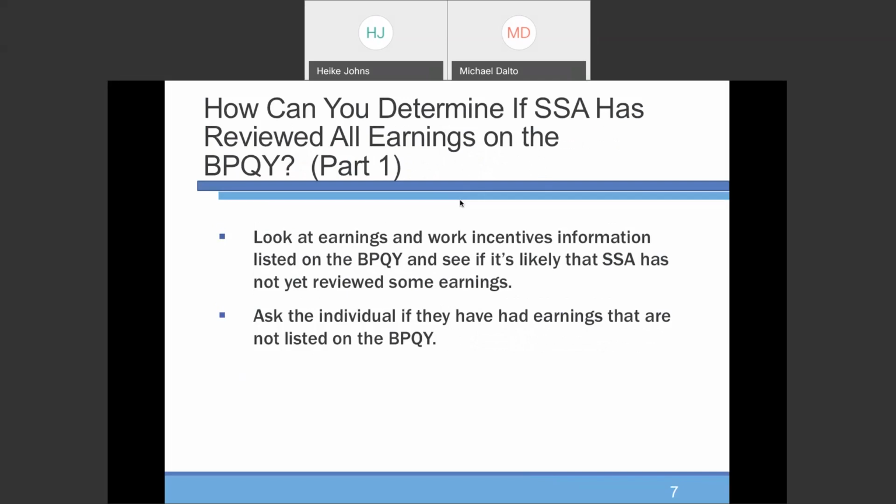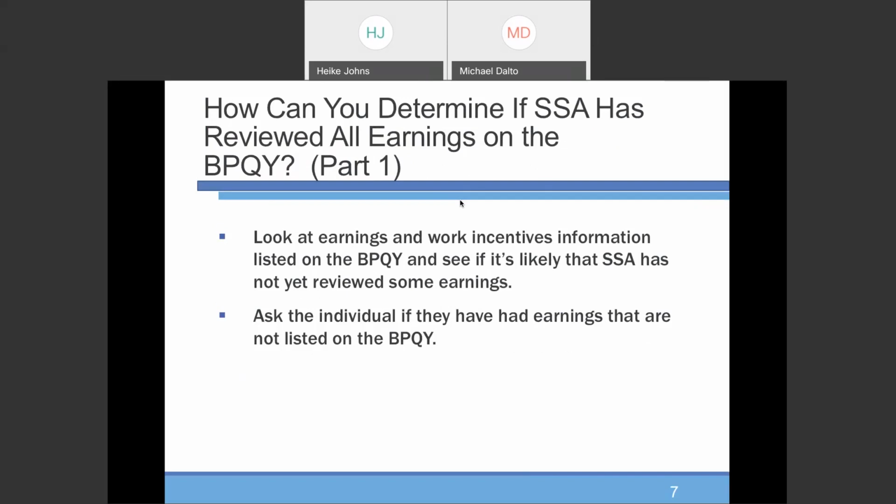So how can you figure out if Social Security has reviewed all the earnings on the BPQY or not? Well, what you want to do is look at the earnings and work incentives information on the BPQY and see if it looks like it's accurate based on the earnings that are also showing up on the BPQY.